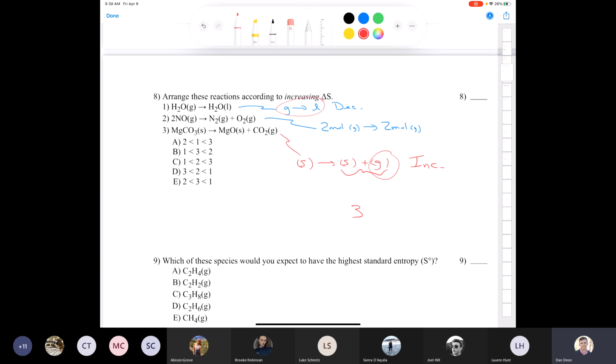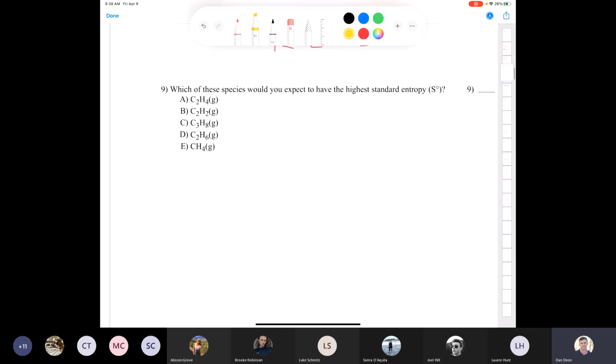You can see that number 1 was actually decreasing, so number 1 is going to be the lowest. And number 2, since we're going from 2 moles of gas to 2 moles of gas, the delta S is going to be really small. So we have 1 being lowest, 2 intermediate, and 3 is the increase. And so the answer in this case would be C.